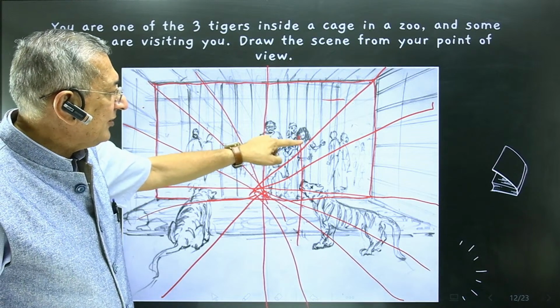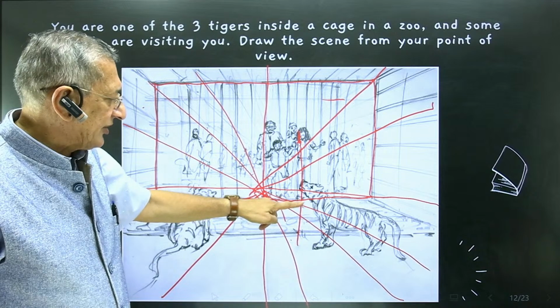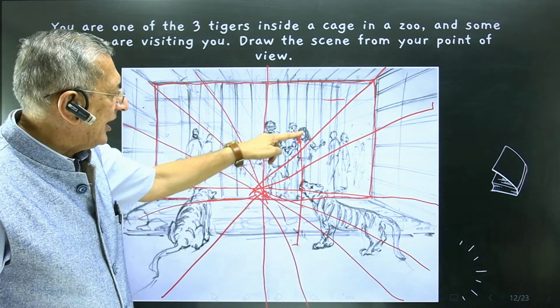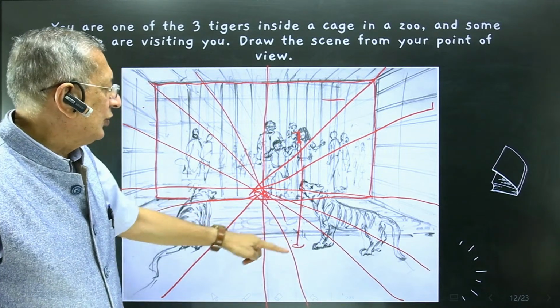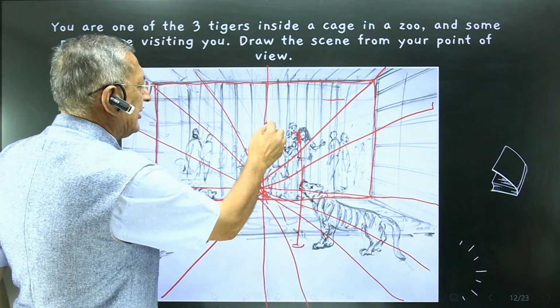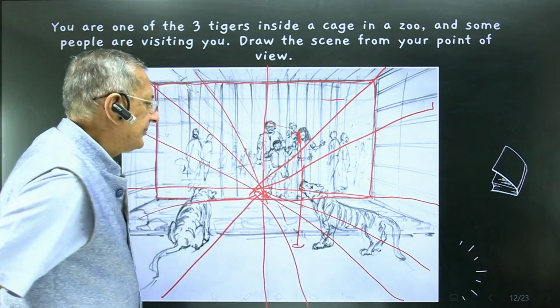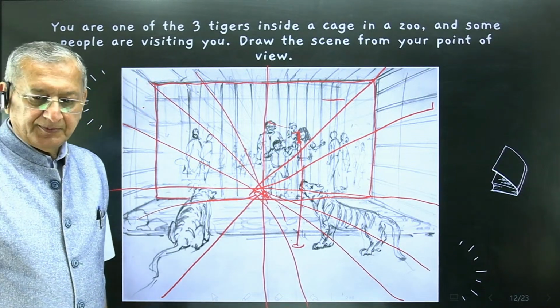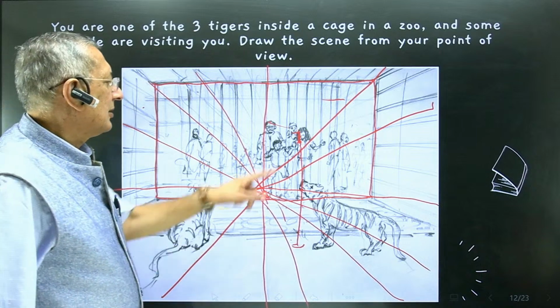Now, yourself means you as a human, not as a tiger. So here is the height comparison of a human figure. But since you're looking at it from down below, you could bring them down to this size. Okay?